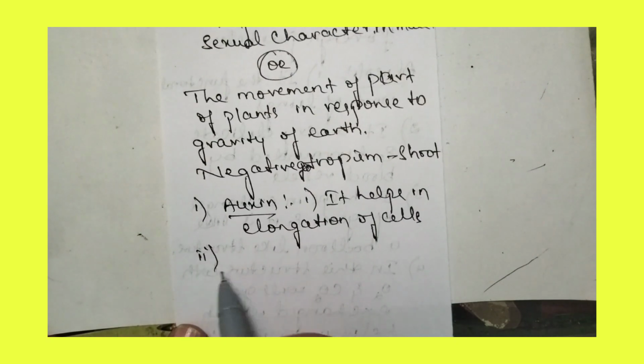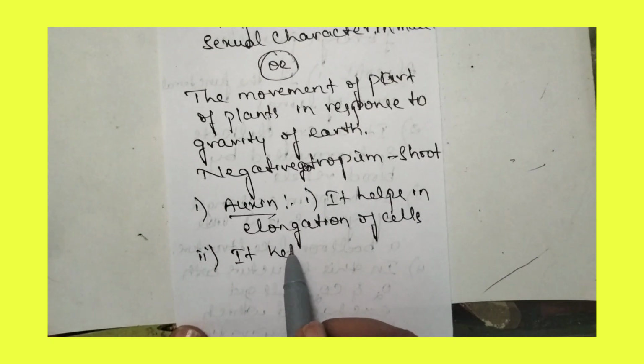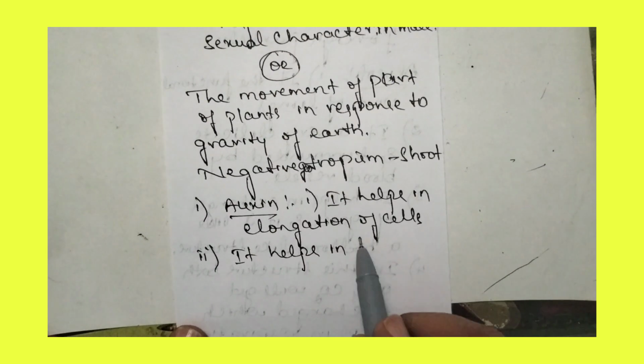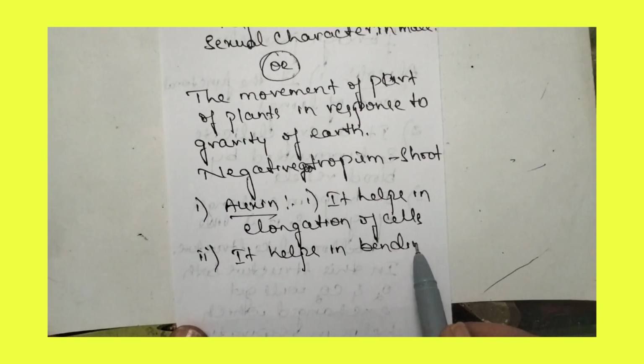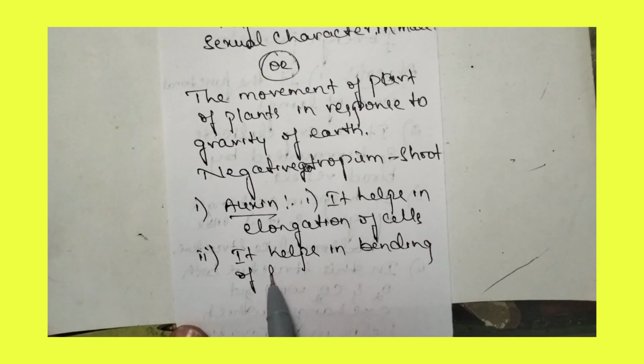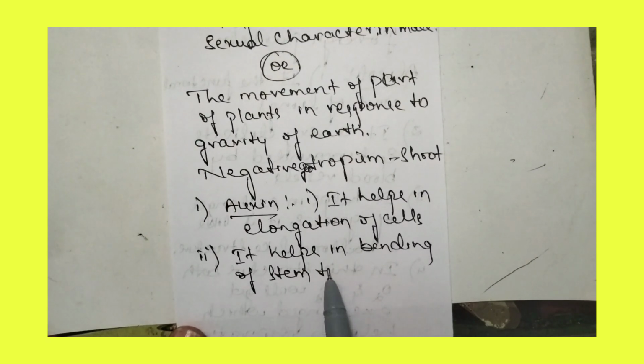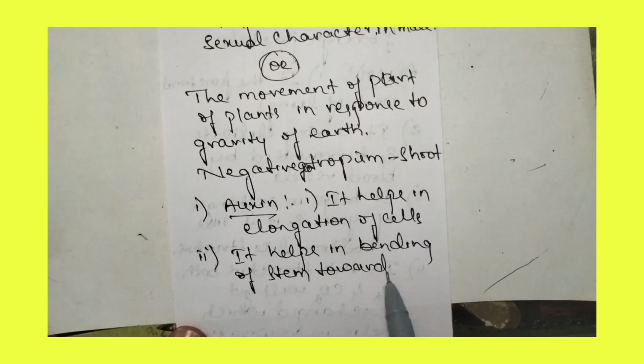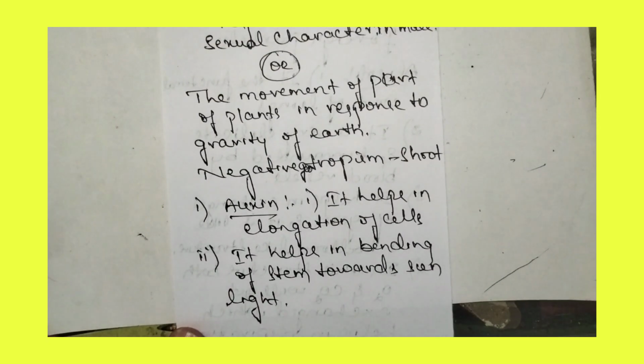Second function, it helps in bending of stem towards sunlight. So this is the function of auxin.